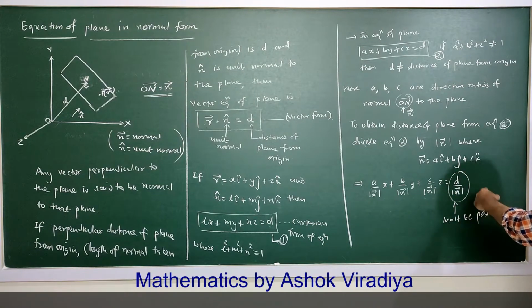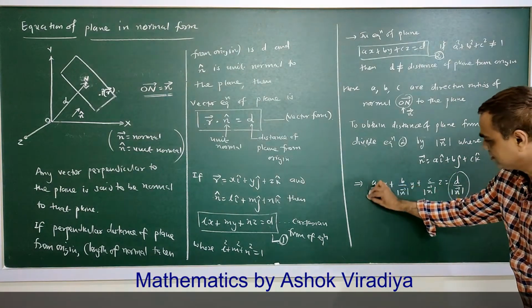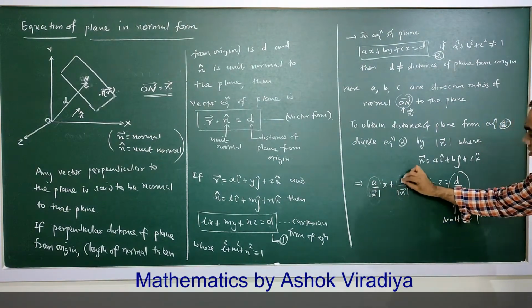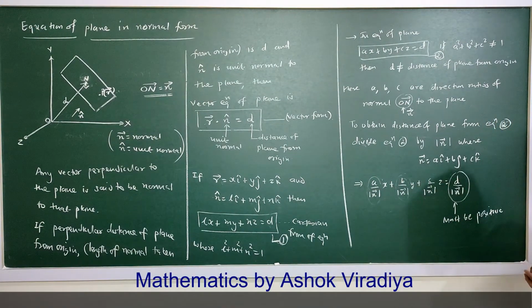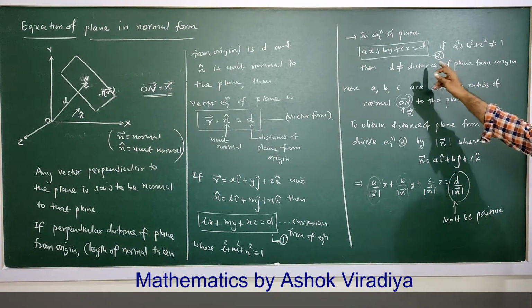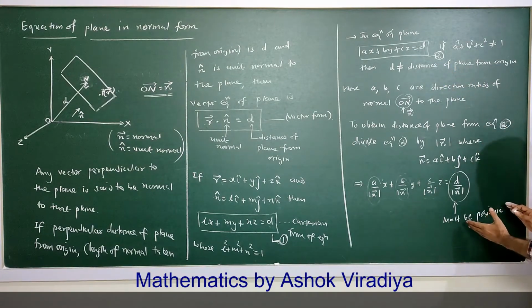Then this value is a distance, and these are direction cosines.